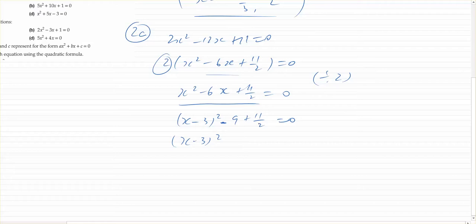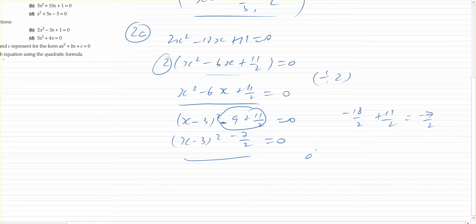Negative 18 over 2 plus 11 over 2 is negative 7 over 2. Okay, so you've got to be able to do this type of addition or subtraction in your head. Alright, so am I right in what I've done now? Negative 9 is the same as negative 18 over 2 plus 11 over 2, which is negative 7 over 2, okay?